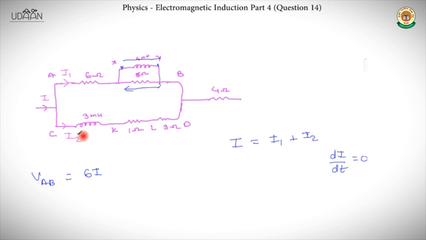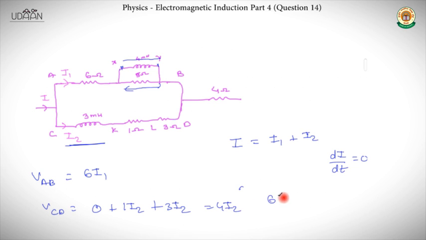And let me calculate the potential difference across CD. The potential difference across the inductor would be 0 because di by dt is 0. That's right. So V CD will be 0 plus 1 into I2 plus 3 into I2, which is 4 I2.